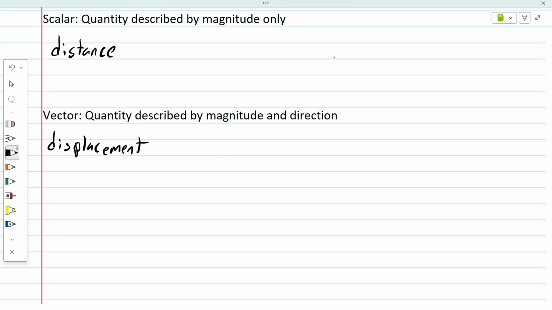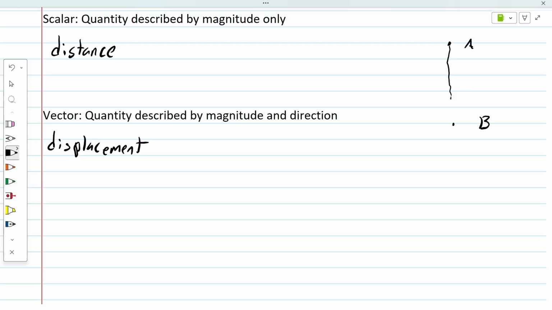What is the difference between a distance and a displacement? We'll talk a little more about this in the next video. But as you see there, the scalar quantity is only the magnitude, while the vector has a magnitude and a direction.